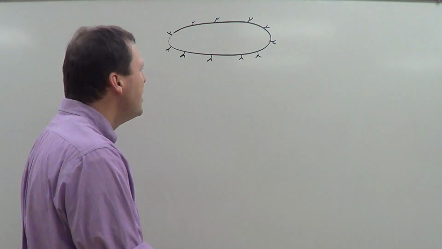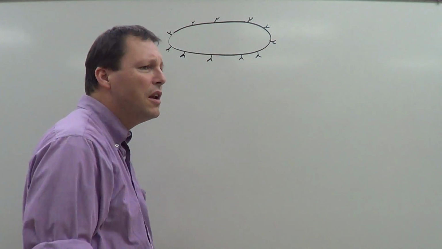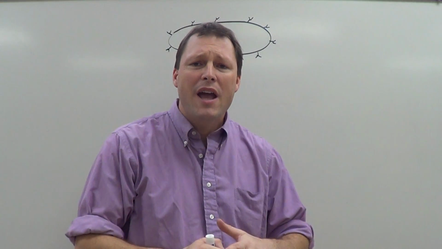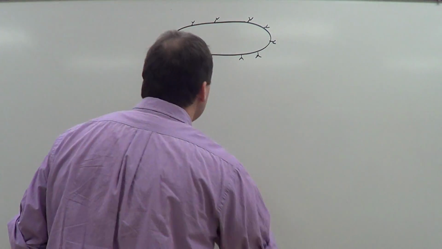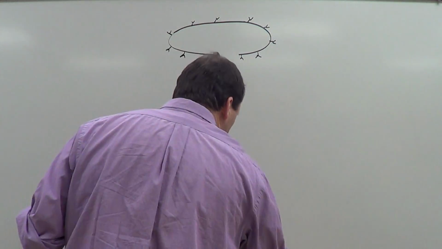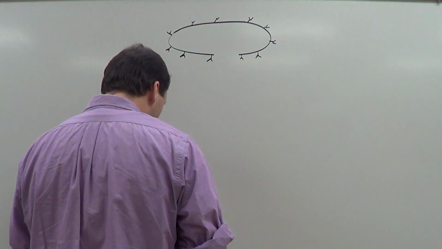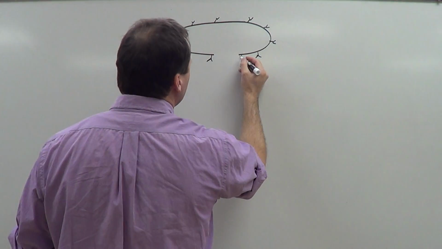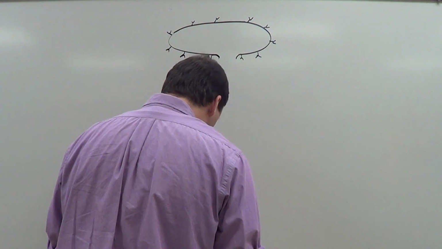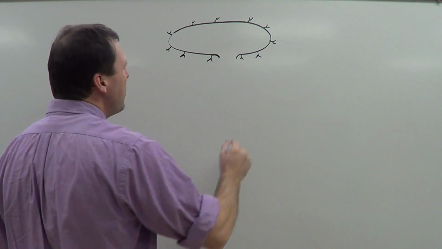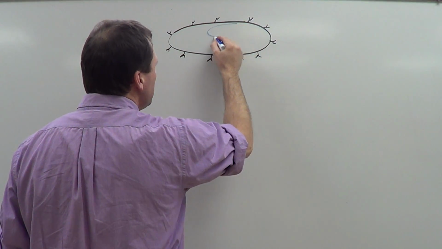This bacterial cell, once it gets old, it starts to fall apart, just like somebody that was 90 or 100 would. As they start to get old, the cell wall is going to weaken, and this bacteria could actually break open. And when that happens, what's inside this bacteria can literally leak out. So let's go ahead and draw some things leaking out of this bacteria. One of the things that's going to leak out is that bacterial DNA.